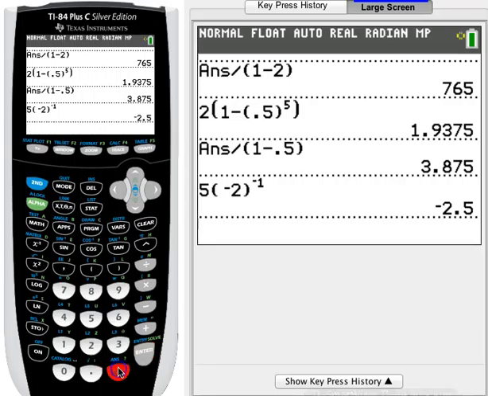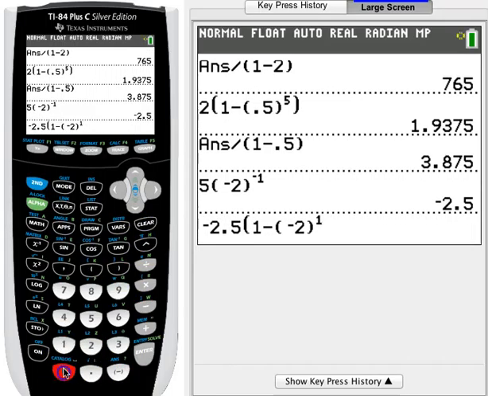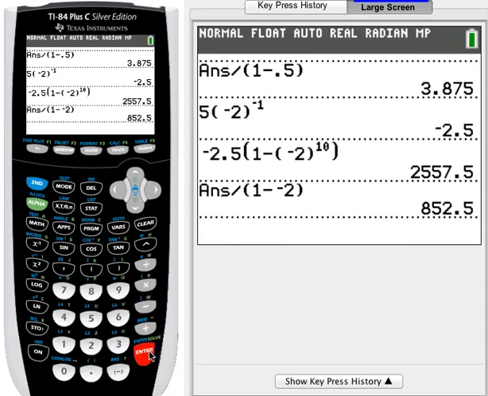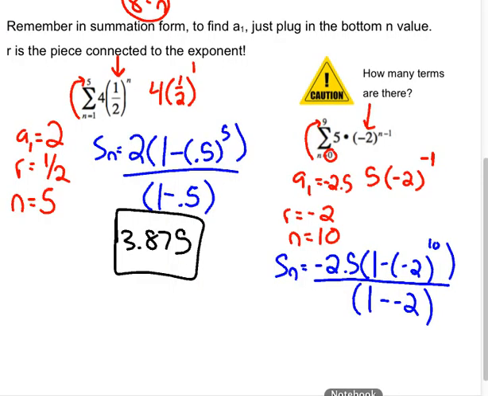All right, so negative 2.5 times 1 minus that negative 2 to the 10th power, and now divided by 1 minus that negative 2. And we get 852.5.